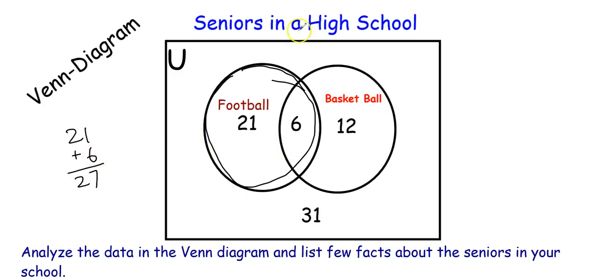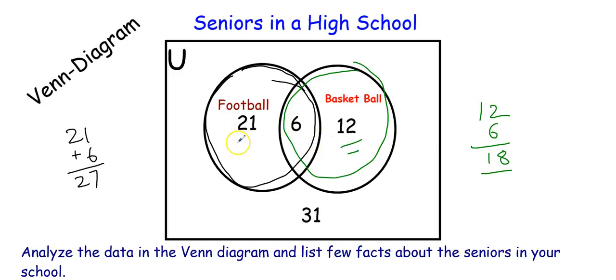And similarly, the basketball players are these. In this whole circle, we have 12 plus 6, which is equal to 18. 18 basketball players.